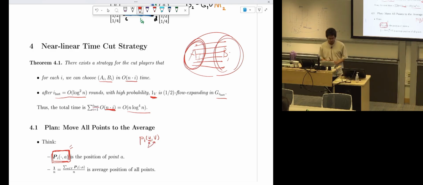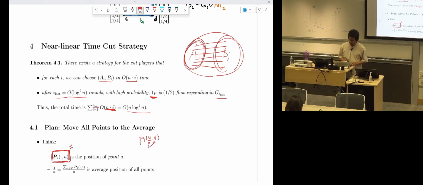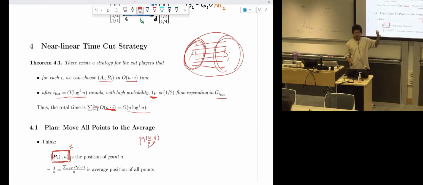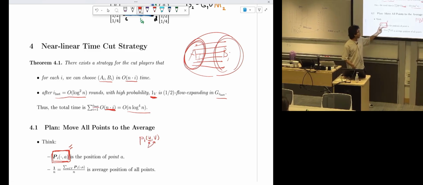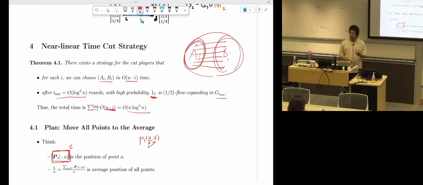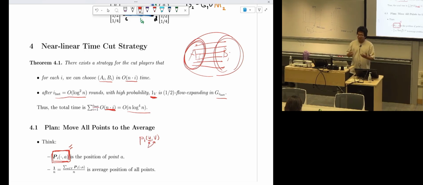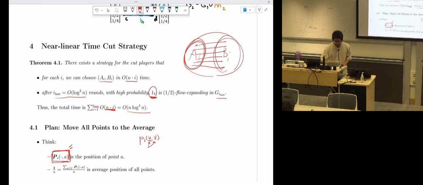Okay. So once we have defined this, you can think of each node A as a point in n-dimensional space, right? Because this is a vector of n dimensions. And we have defined one potential function, such that if that potential function is small, then we can guarantee that all one node weighting is expanding.